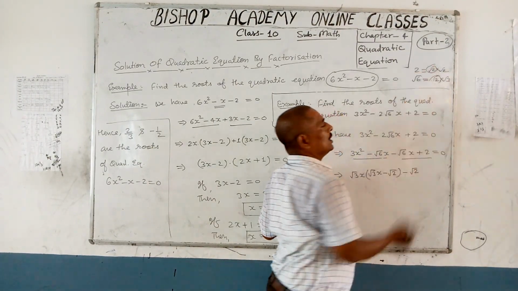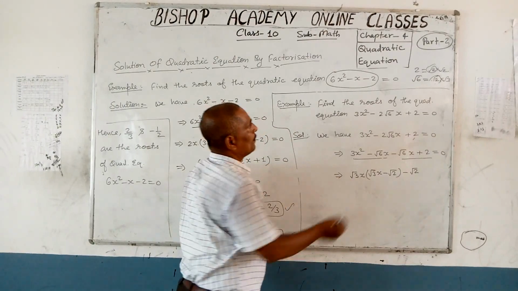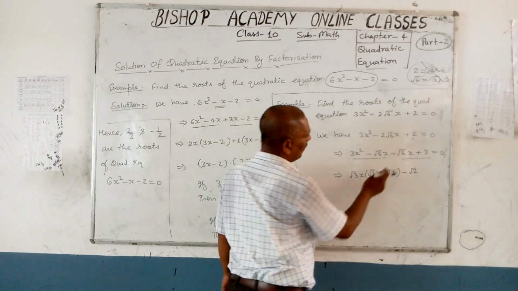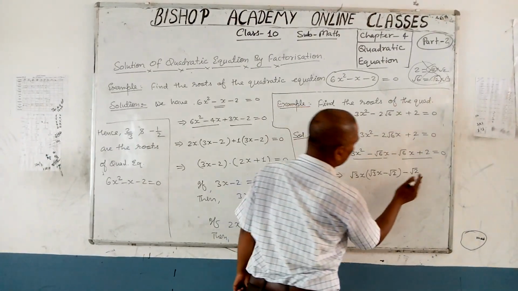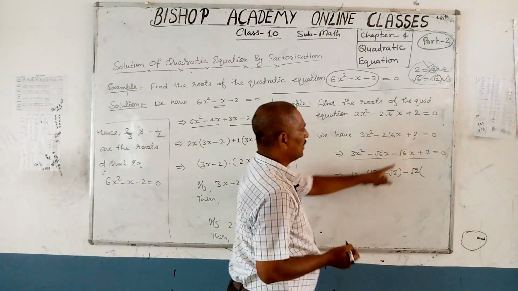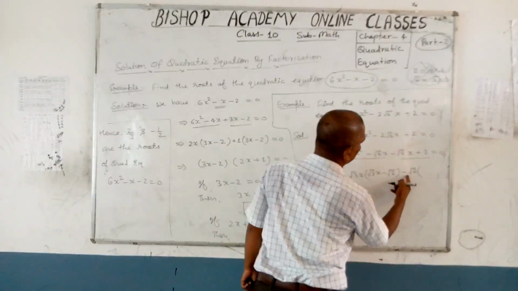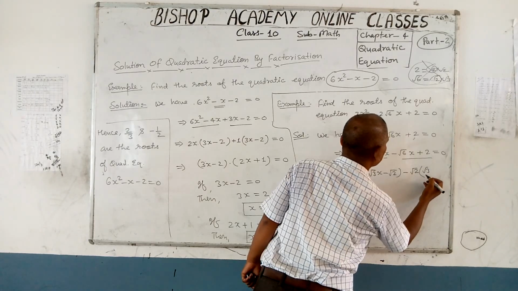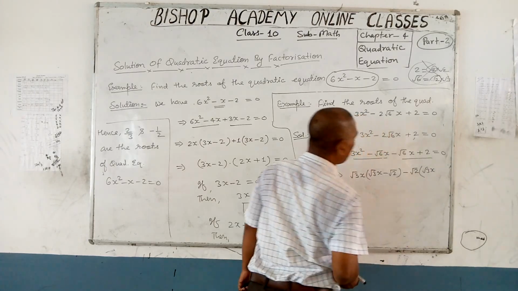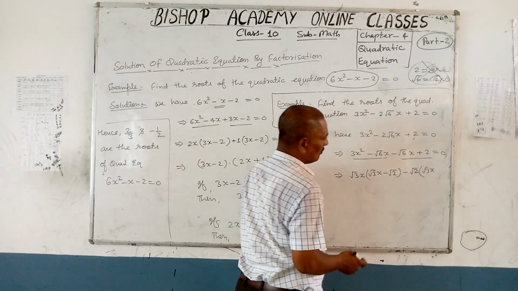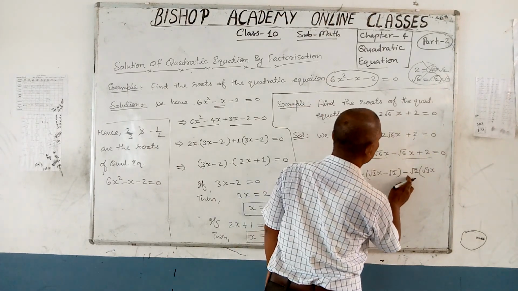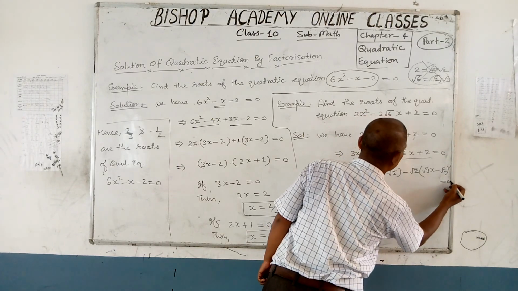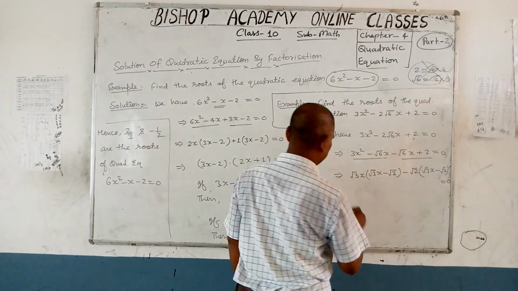So under root 2 is also a factor of 2. So the HCF of last two terms is root 2. Now divide third term by minus under root 2, you get root 3x, and when you divide last term by minus under root 2, you get minus under root 2 is equal to 0 on the right side.